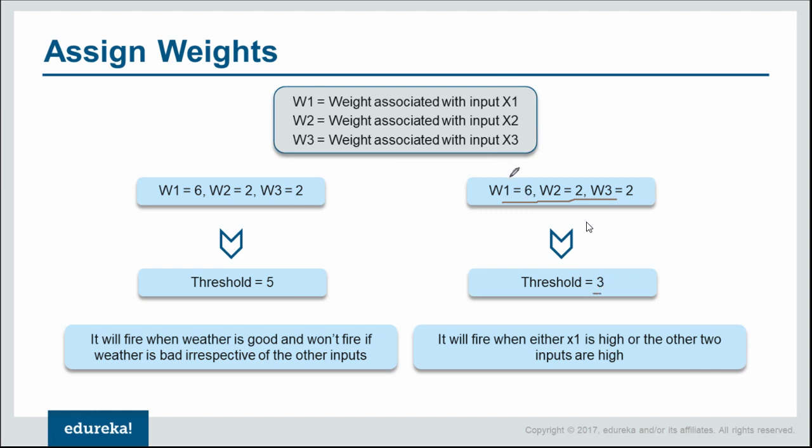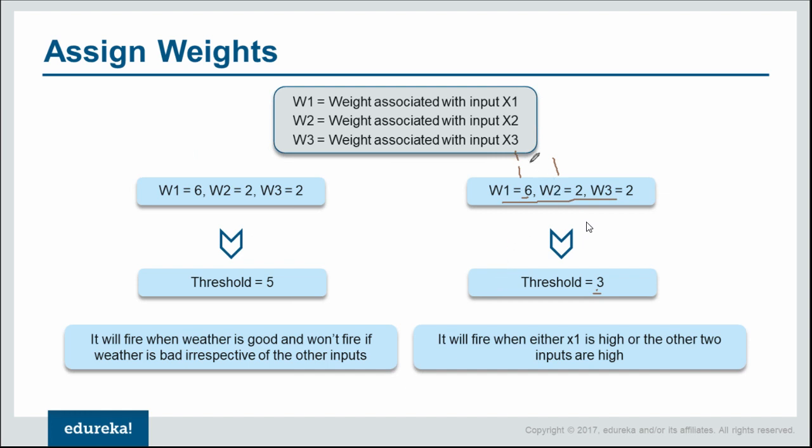If W1 and W2 are 0, and only W3 is 1, then the output would be 2, which is less than 3, so it will not be 1. Similarly, if only W2 is 1 and these two are 0, then also 2 is less than 3. But if only W1 is active with weight 6 and x1 is high, then it crosses the threshold directly, so it would fire.